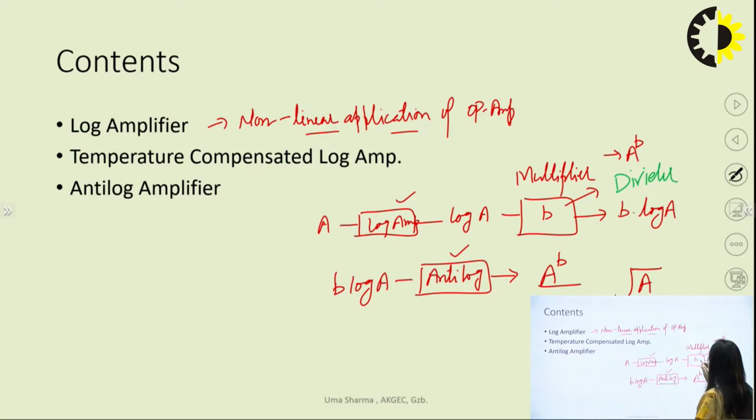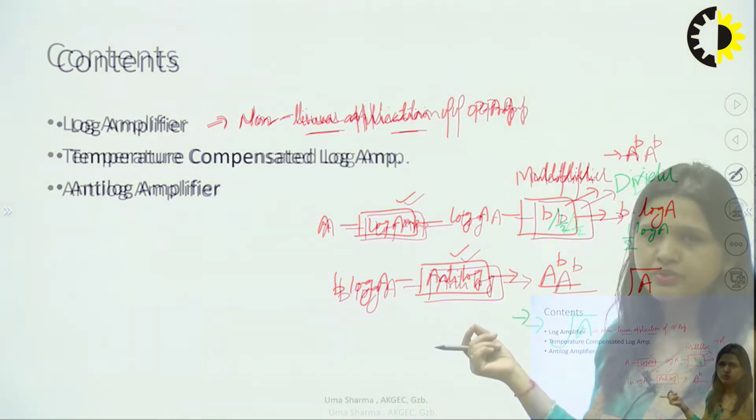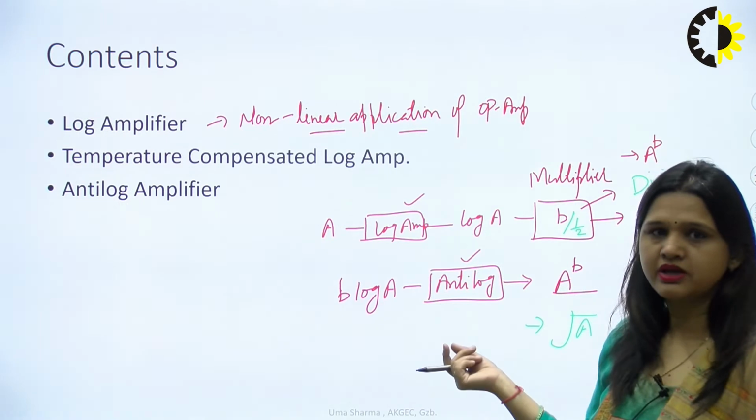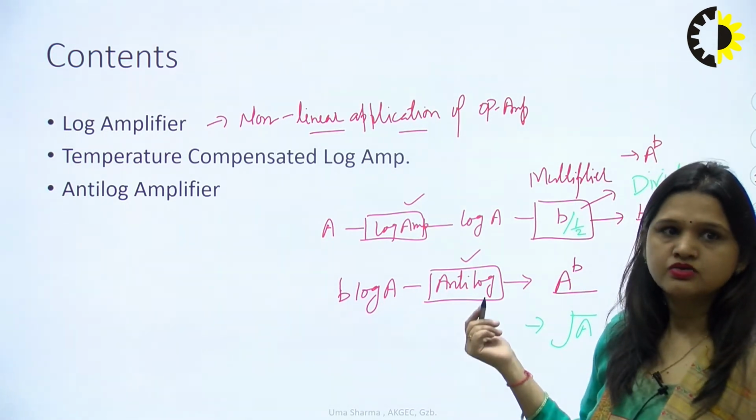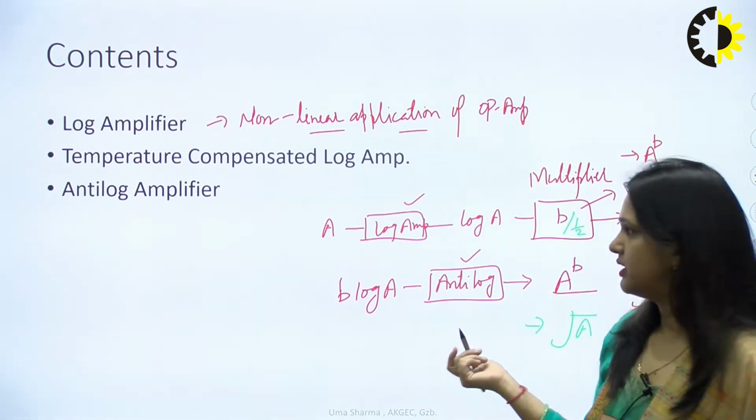Let's say this B is replaced by 1 by 2, then here we will get log A divided by 1 by 2, and at the output we will get the square root of A. So this is how we can implement A to the power B or root of A. These are some operations of log and anti-log amplifiers.